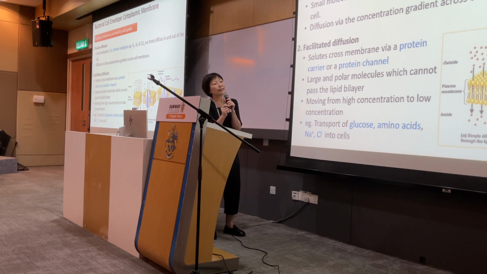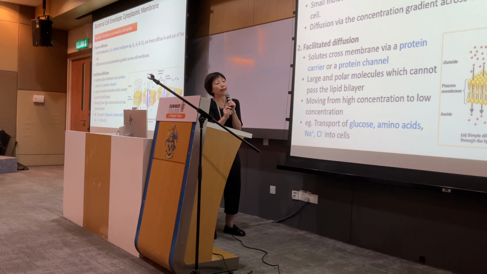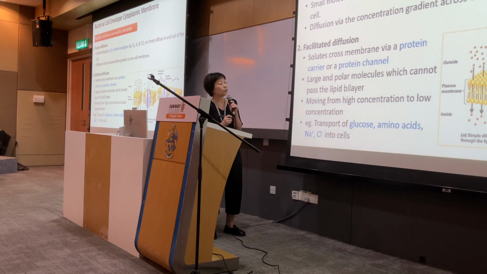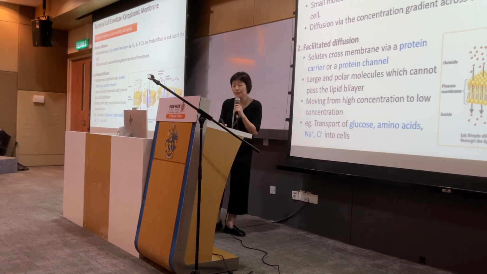There is a pouch to accept it, and then there is a conformation change, and it goes through and releases the molecule into the cytoplasm. These are really big or polar molecules such as glucose, amino acids, sodium ions, and chloride, right? All those are slightly bigger and also charged. They do not easily diffuse through the membrane.